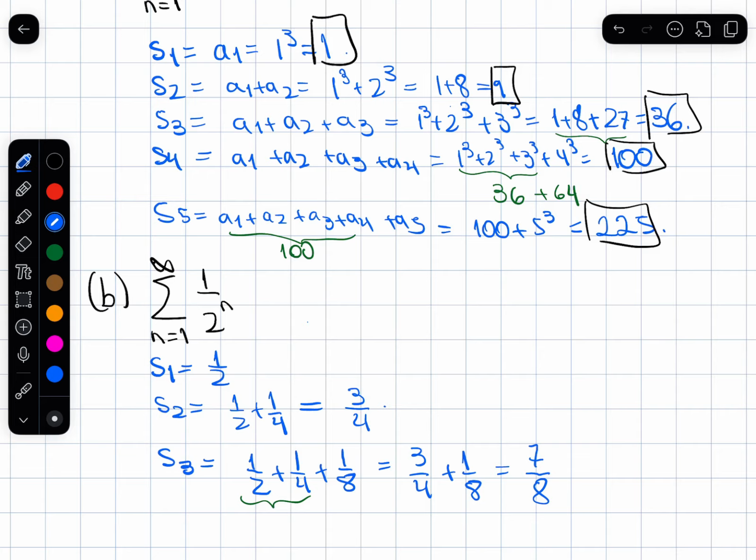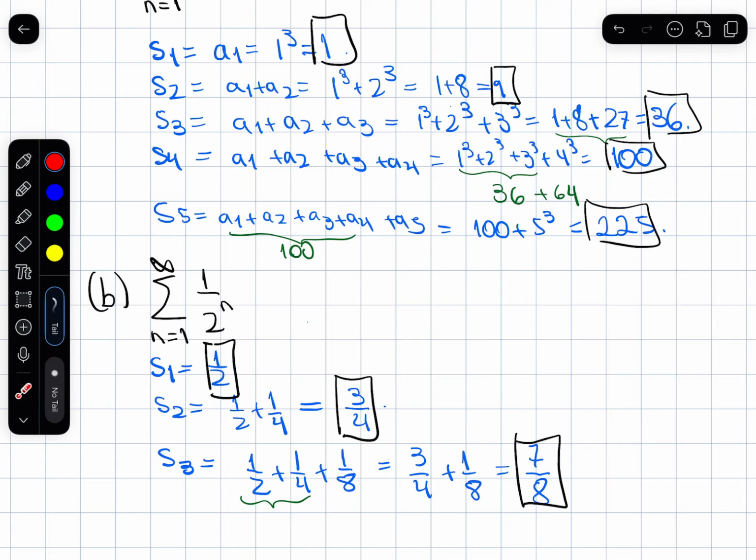So you can see that they're all less than 1, right? And you can also see that the top of the fraction is going through odd numbers. So my guess is that the next one is going to be maybe 9. I'm not sure, but I'll do the next one to see. And that the bottom of the fractions is doubling.